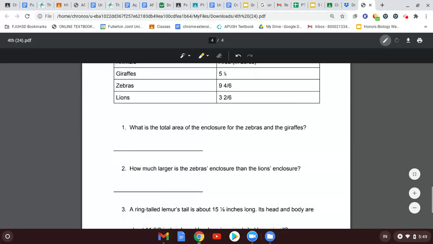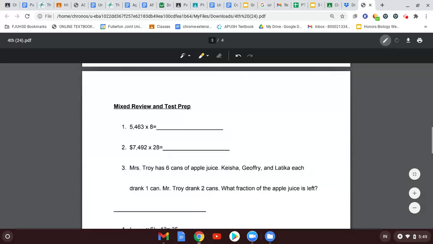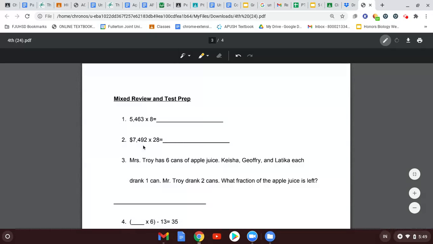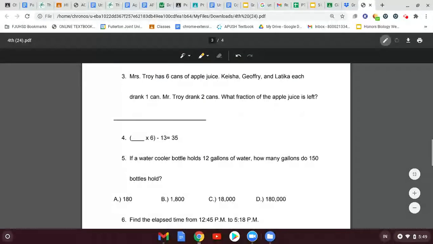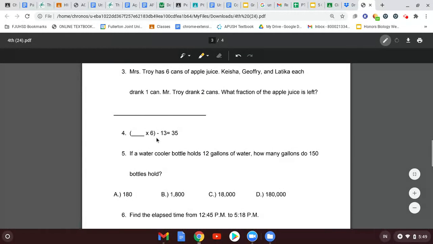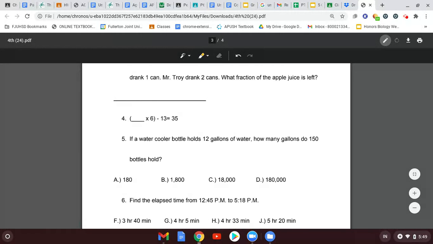Since I don't have that much time, I'm going to skip through. This is just simple multiplication I've done before. Word problem. Okay. So for number 4, we would do plus 13 on both sides.